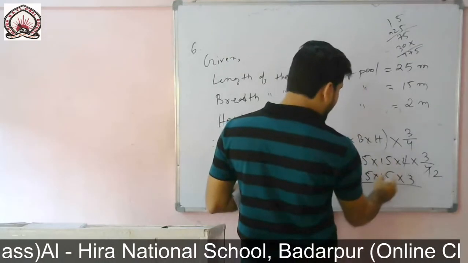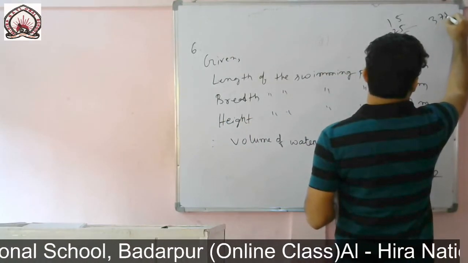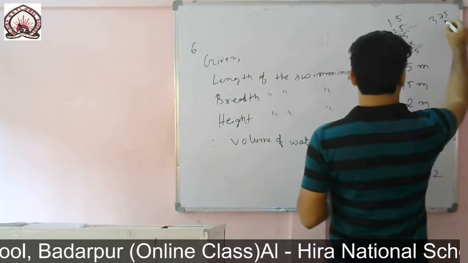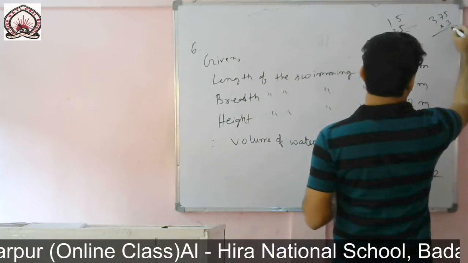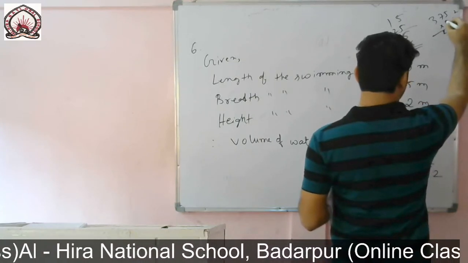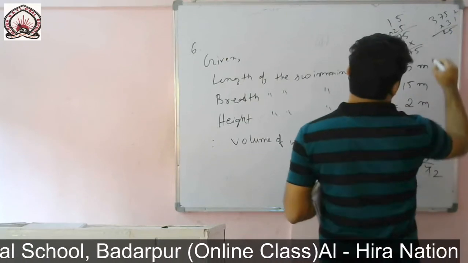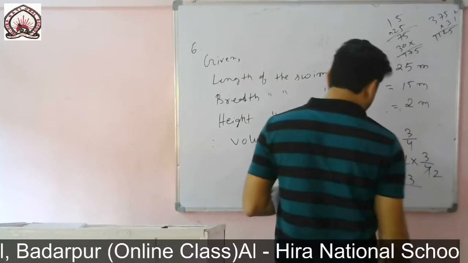Okay, 375 into 3, 3 fives are 15, carry 1, 7 threes are 21, 22, carry 2, 3 threes are 9, 10, 11, 1125.